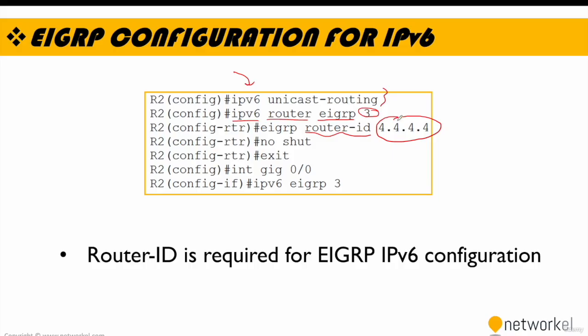That is very important, don't forget it. Same as in OSPFv3, we need to configure a router ID for the IPv6 version of EIGRP. Then I'm typing no shutdown and exiting this. Then I'm entering my interface configuration, and the only thing I type is ipv6 eigrp and the same autonomous system number.